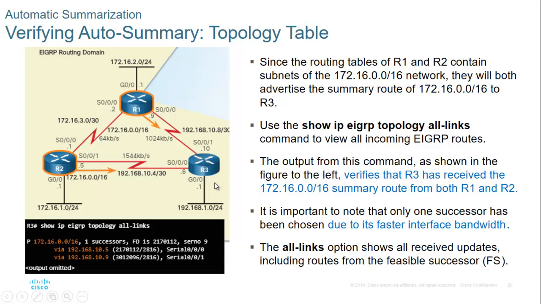So in R3, if you use the show ip eigrp topology all-links, you would view all the incoming EIGRP routes. So as you can see here, it verifies that R3 has received the 172.16.0.0 summary route from both R1 and R2. It is important to note that only one successor has been chosen due to its faster interface bandwidth.